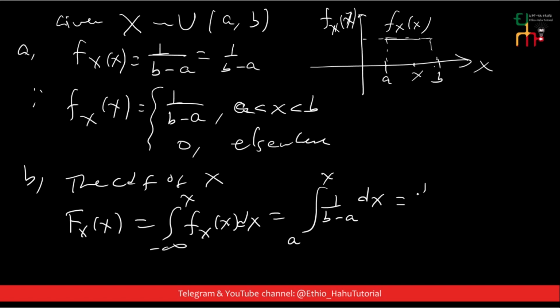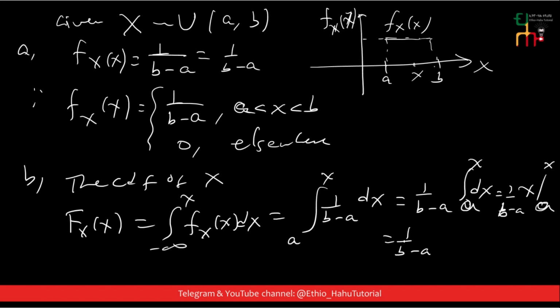1 over b minus a is constant, so we integrate dx from a to x. This becomes 1 over b minus a times x, evaluated from a to x. Substituting x minus substituting a, this is equal to 1 over b minus a times (x minus a).